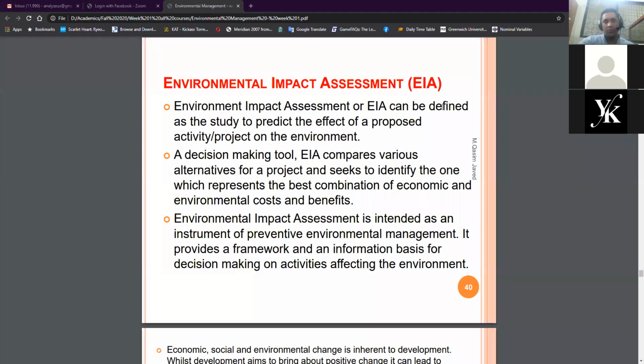Because we in Karachi did not have an EIA, we did not assess the implications of this project. As a result, क्या मसला हुआ? We ended up having a project approved which seriously affected the water quality and water availability in Karachi. कराची में एक तो वैसे ही पानी नहीं होता.